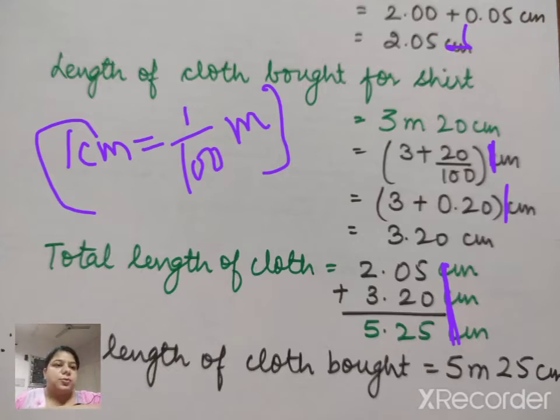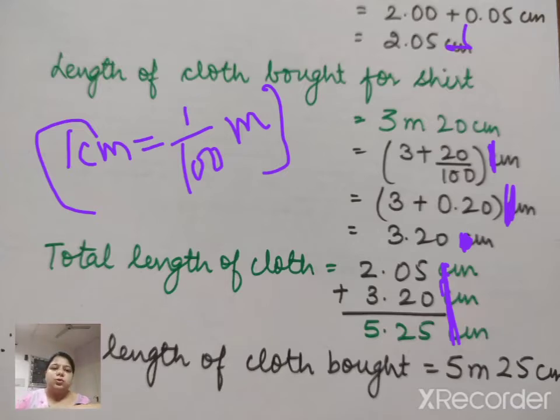So 3 plus 0.20, what will it become? 3.20 meters, right? Please, I am very sorry for this correction. Please note the correction. When we have divided 20 by 100, it will become meters now. So 3 was already in meters. So the total length of the cloth bought for the shirt is 3.20 meters.